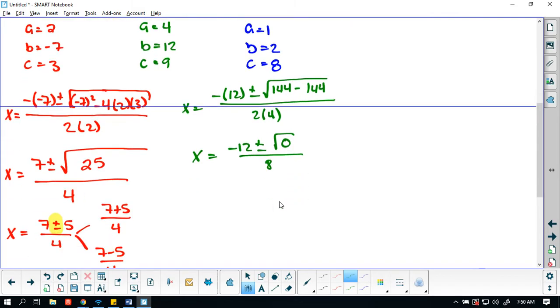The square root of 0 is 0, so we really don't have anything here. This drops away. So now we have x equals negative 12 divided by 8.